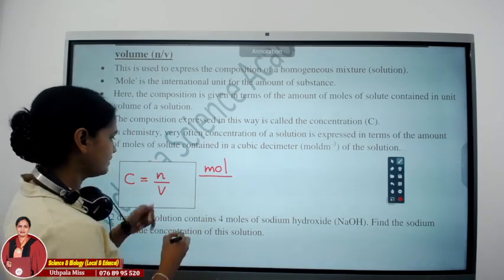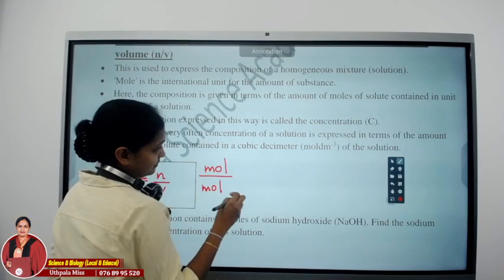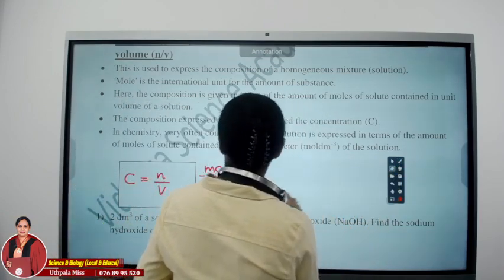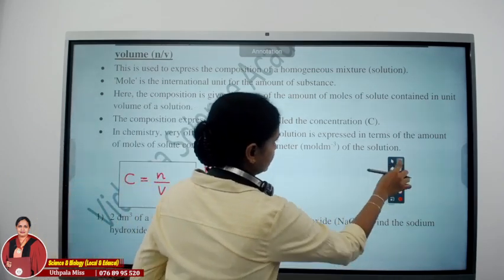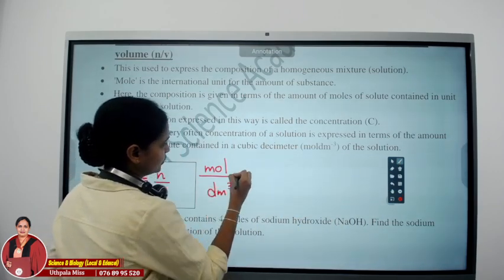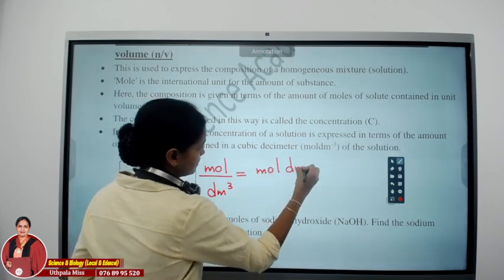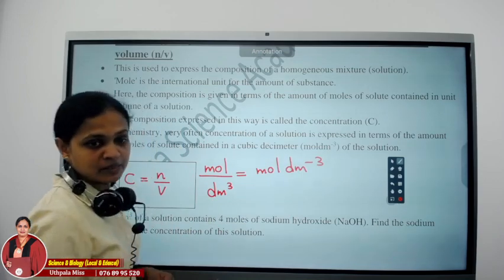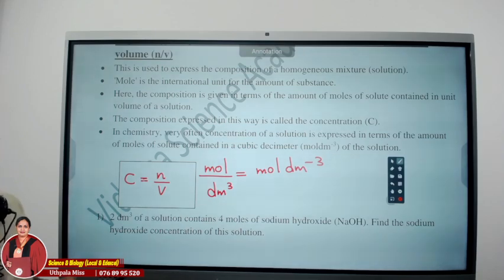Here volume we take in cubic decimeters, dm3. Therefore the unit becomes moles per cubic decimeter. This is not the SI unit, right?